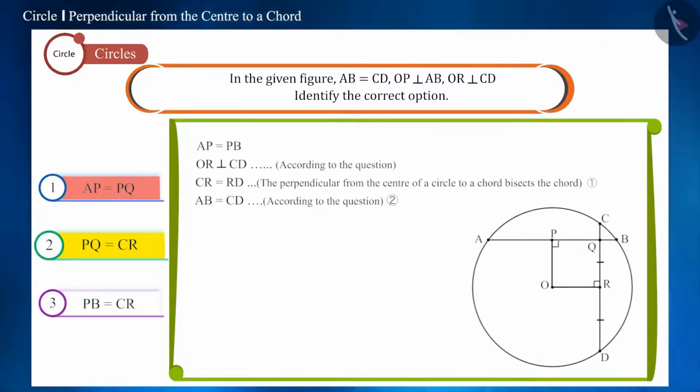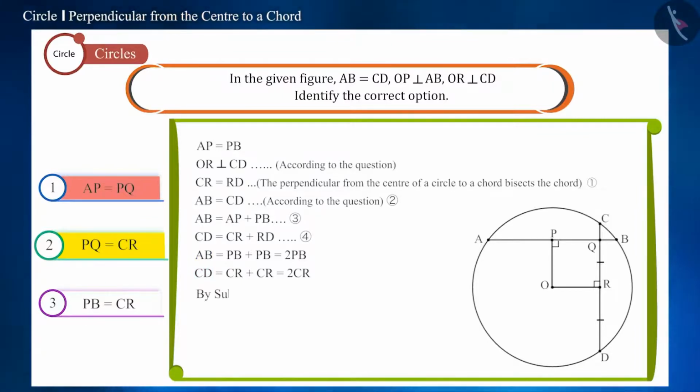Friends, according to the figure, we can write AB, CD like this. And we know that AP is equal to PB and CR is equal to RD. So, if we put PB in place of AP and CR in place of RD, then we will get AB equal to 2PB and CD equal to 2CR.